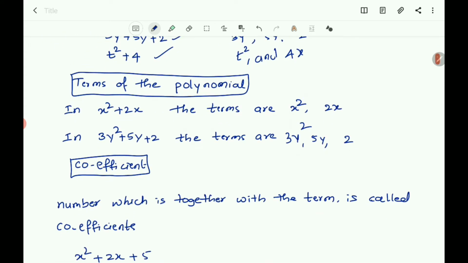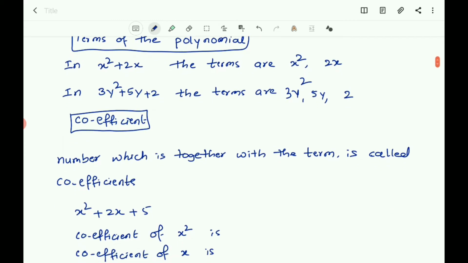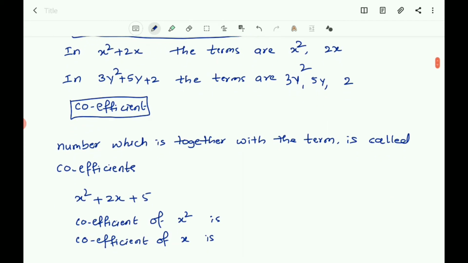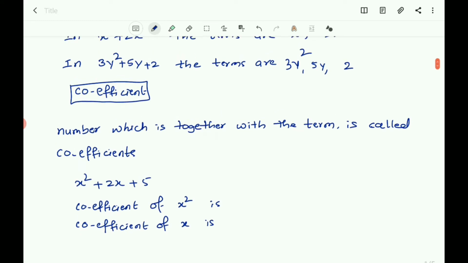Now, one more word: coefficient. In a polynomial, the number which is together with the term is called the coefficient. Take the example of the polynomial x square plus 2x plus 5. Here x square is one term.